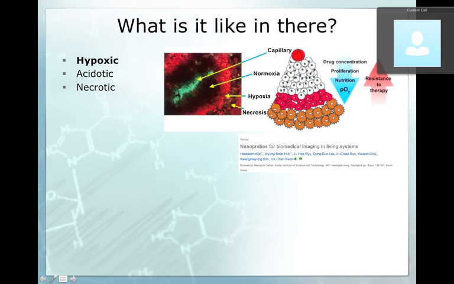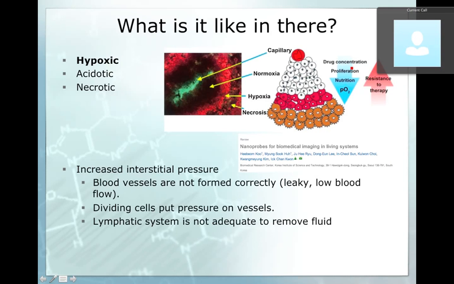Then there is an area of hypoxia, low oxygen, and then you have this black ring here where these cells are not getting enough oxygen to live. And so they undergo necrosis. But in this area here where you have hypoxia, these are the cells that are going to want to be getting out of Dodge, right? Because they're in a very bad environment.